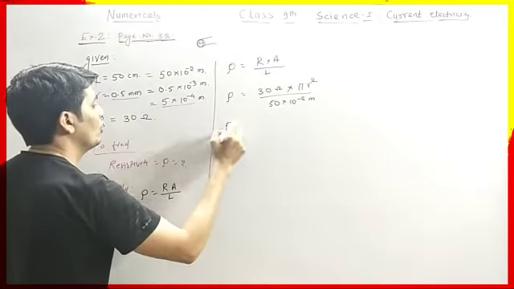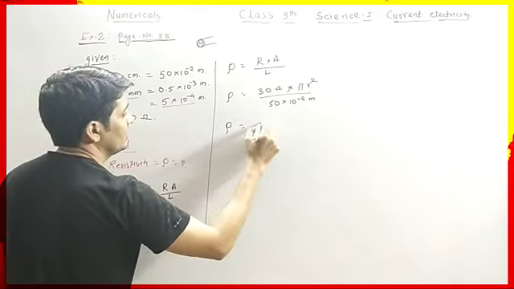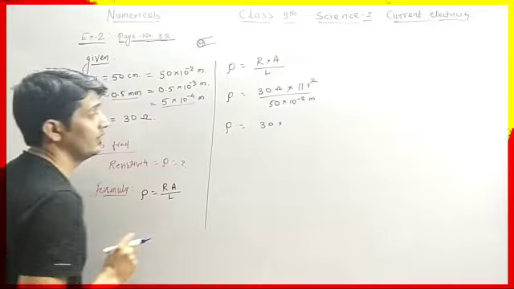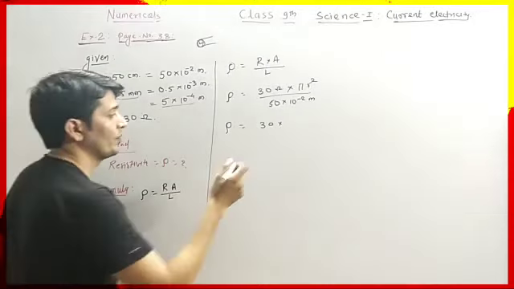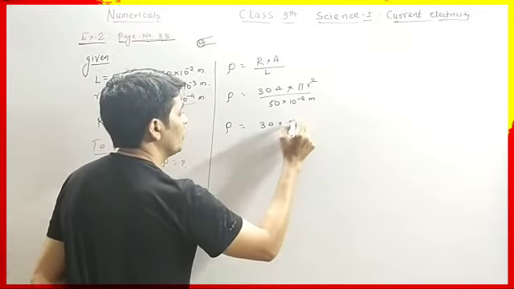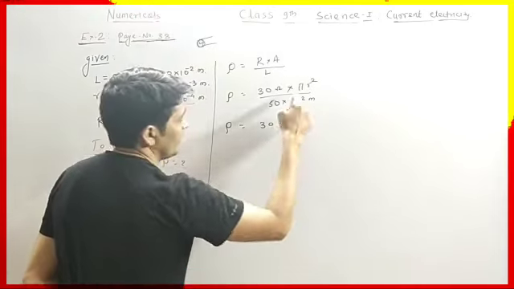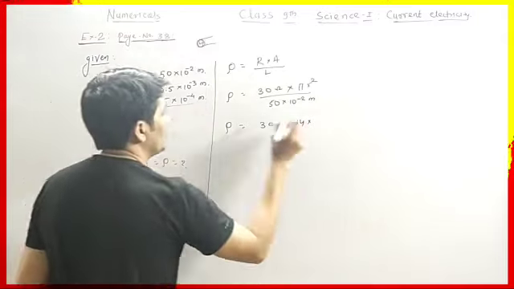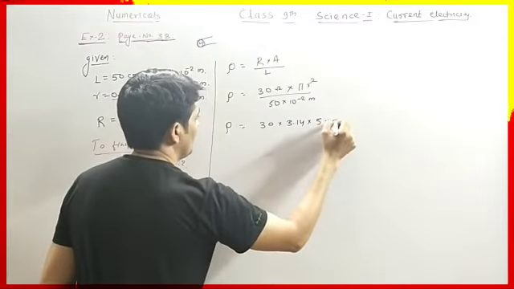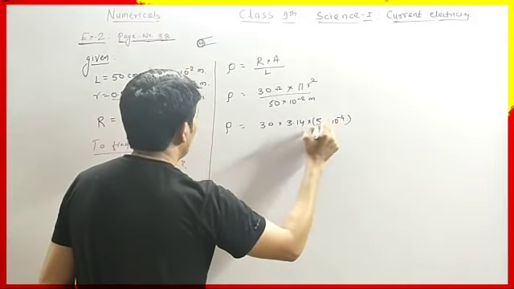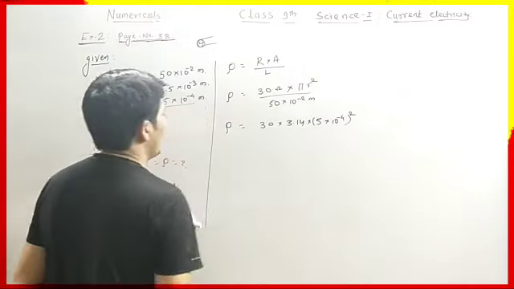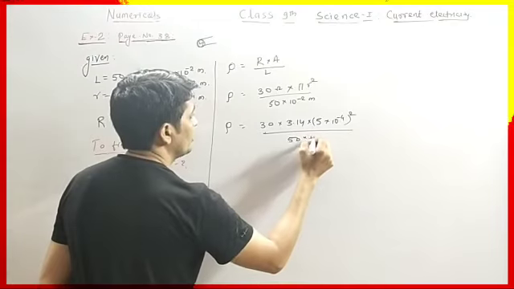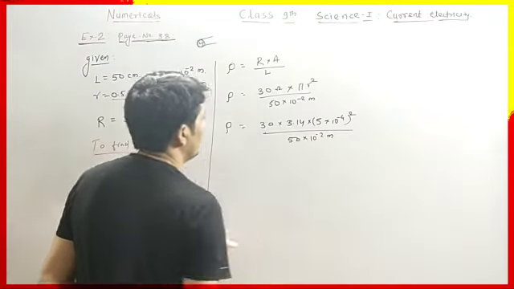So rho equals 30 into pi. What is the value of pi? It is 3.14, into r square. What is r? R is 5 into 10 to the power minus 4 meter, squared, divided by 50 into 10 to the power minus 2 meter.